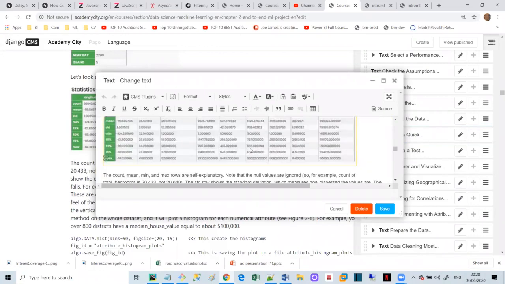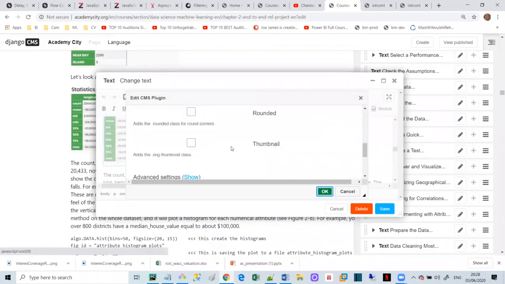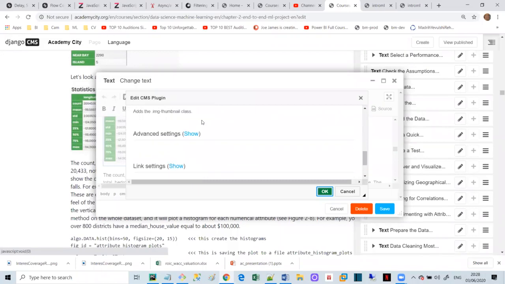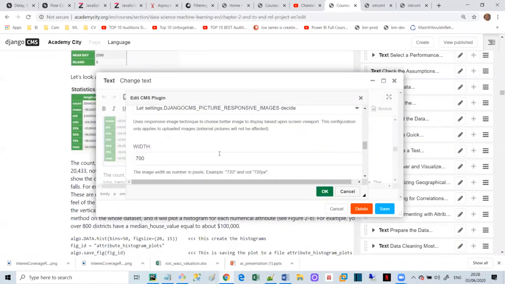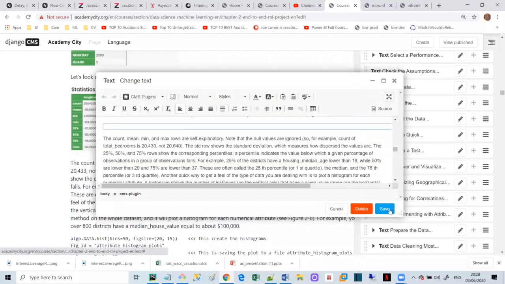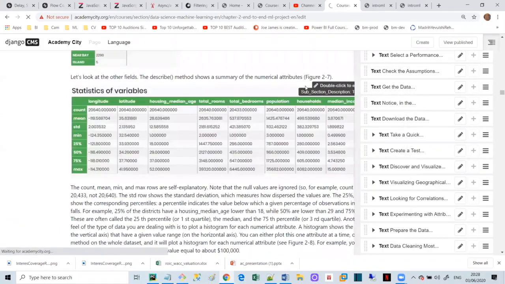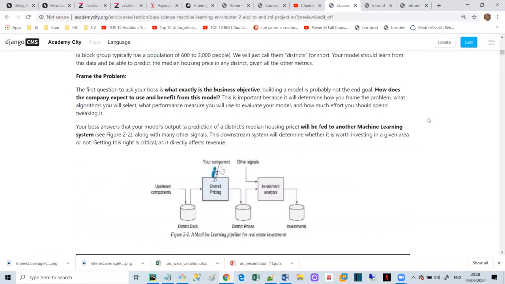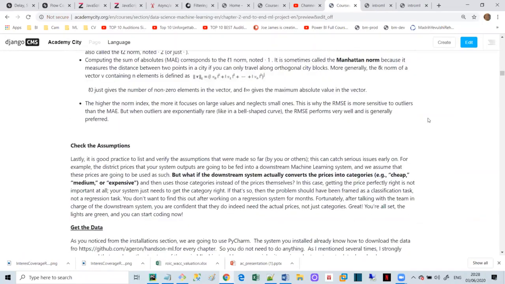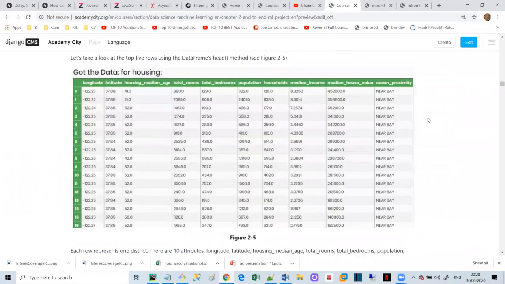Let me do the same thing on this one. Let me change that one to 1500. That should be better. We'll see a bigger picture. By the way, if you go to Academy City, it's bigger now too. So it's done. Okay, let's scroll down and here we go.